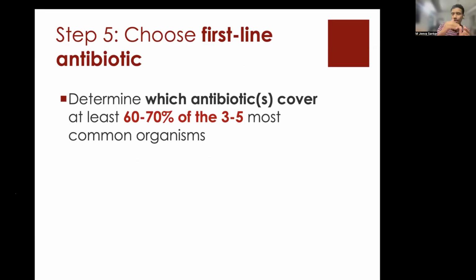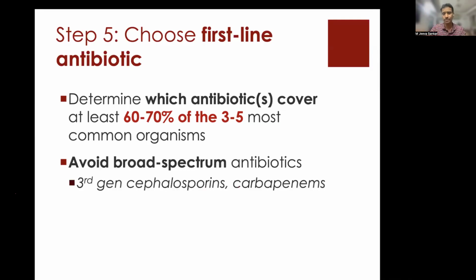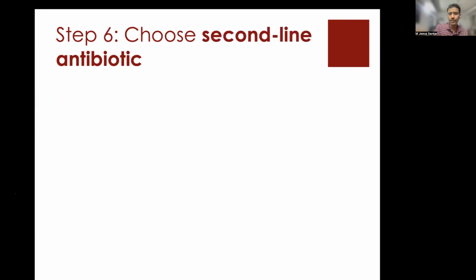I would say the 3 to 5 most common organisms, roughly the commonest two-thirds of the organisms in your pool, and of that, at least two-thirds should be covered by this antibiotic. The antibiotic which you choose is the first line antibiotic. And there are some rules. In general, avoid broad spectrum antibiotics as a first line antibiotic, for example third generation cephalosporins and carbapenems. You don't use those as a first line antibiotic.